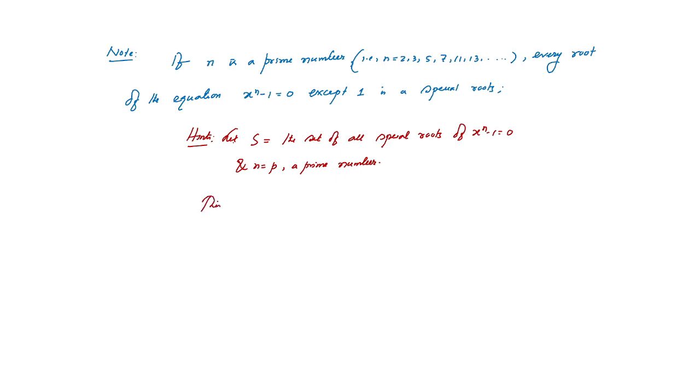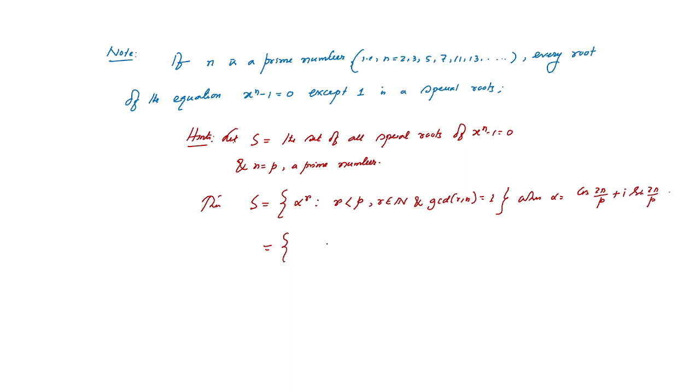So then what will S be? S will be alpha to the power r, so that r is less than p, r belongs to natural number, and GCD of r and p equals 1. The question is, what is alpha? Where alpha equals cos 2 pi by p plus i sin 2 pi by p, and p is prime.